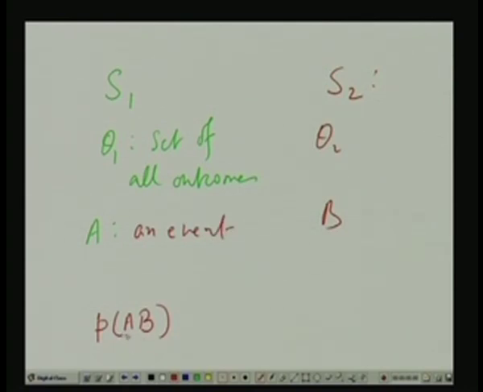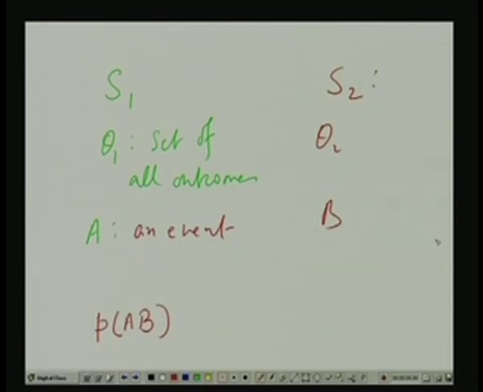Okay. So, what is A B? This is a joint event, that is we have both these experiments going on. Theta 1 was the set of all outcomes, theta 2 is the set of all outcomes, A a particular event, B a particular event. A B means joint event, A occurring and B occurring simultaneously.